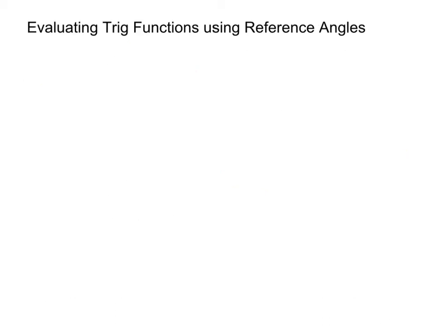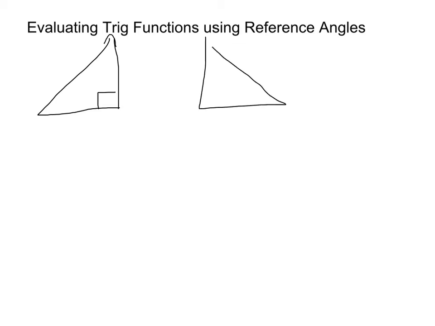In our previous section, we used our special right triangles to evaluate exact values. So we're going to use a similar process. Here's 30, 60, 90. Remember, that's 1, square root of 3, and 2. And here's my 45, 45, 90. So that's 1, 1, square root of 2.